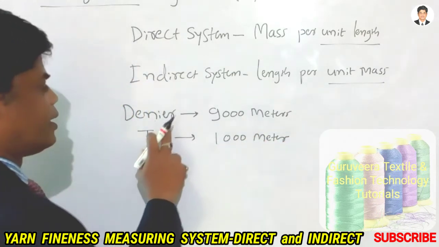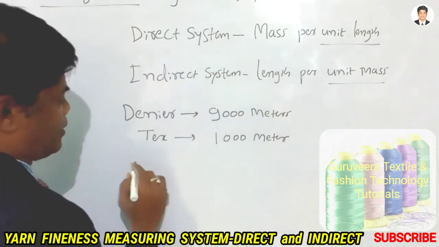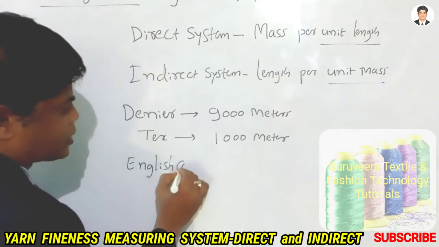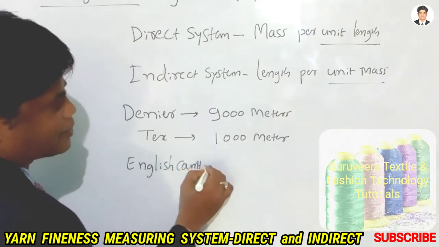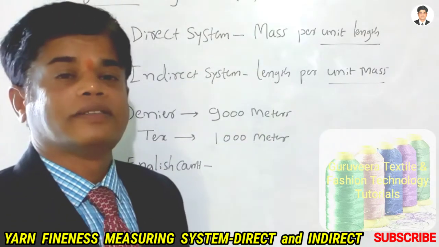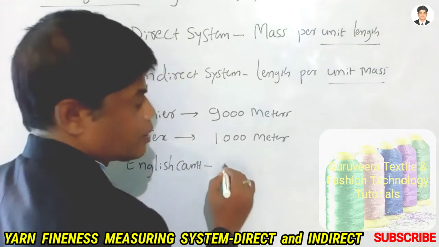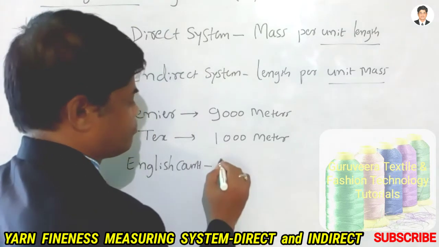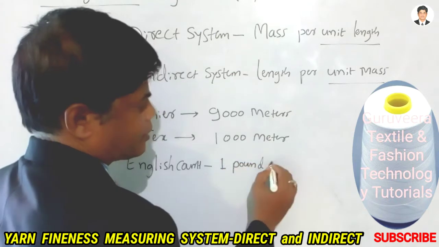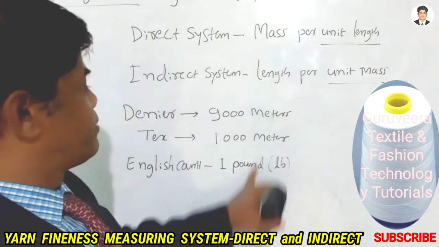This belongs to the direct system. Now the indirect system, English count. Here unit mass is there. What is the unit mass? The specific standard for unit mass is 1 pound, LB.